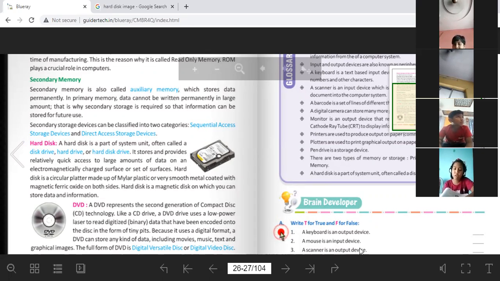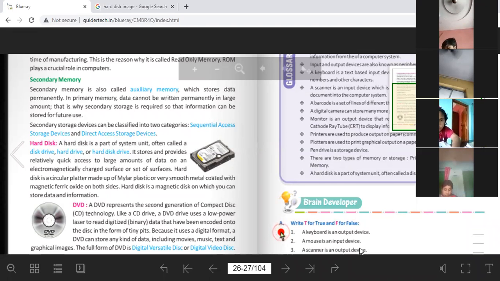So in DVDs, we can save music, we can save movie, we can save pictures, we can save any type of graphical images, we can save any type of text, any type of documents. So it is the second generation of CD. DVD is actually a second generation of CD.